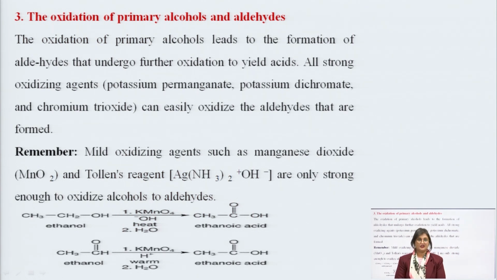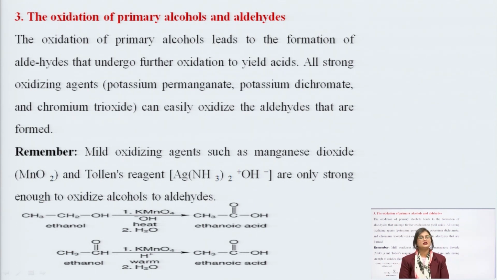Next, another oxidation reaction wherein the substrate changes. Instead of alkene, the substrate here is primary alcohols and aldehydes. The oxidation of primary alcohols leads to the formation of aldehydes. These aldehydes are further oxidized to yield acids.